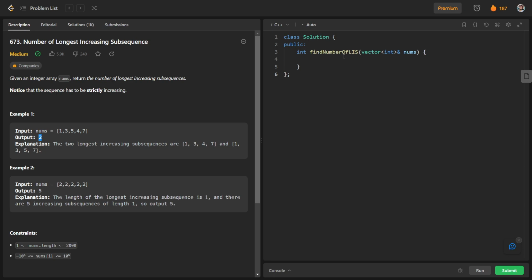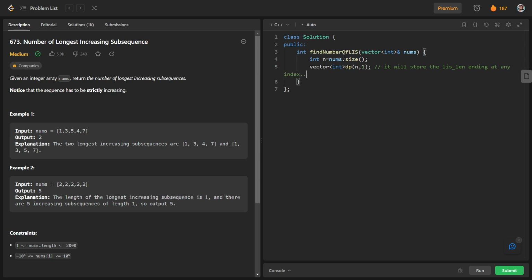So we can have some variables with us, int n, which is nothing but the size of this vector. Okay, and we will have two vectors with us. One will be a dp vector, initialized with 1, and another will be a count vector. This dp vector will store the LIS len ending at any index.